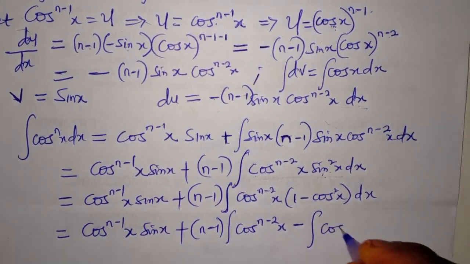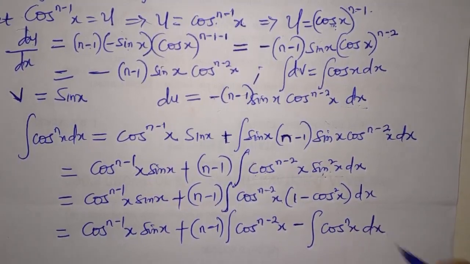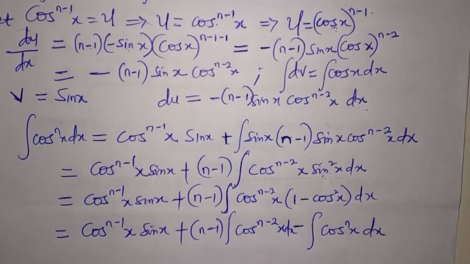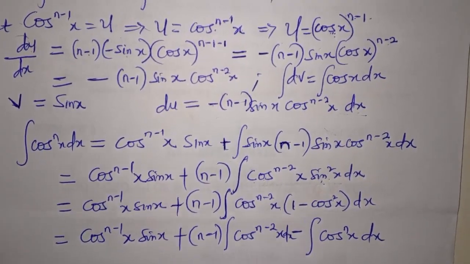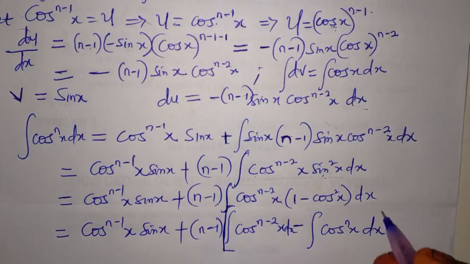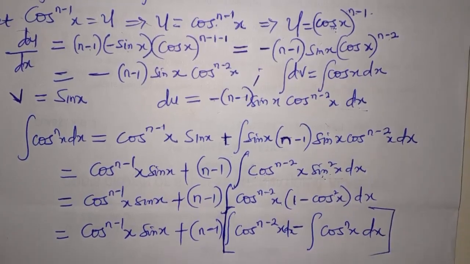So we have cos^n x dx. There should be a dx here. Oh, this should be in brackets since that n minus 1 is multiplying this integral.